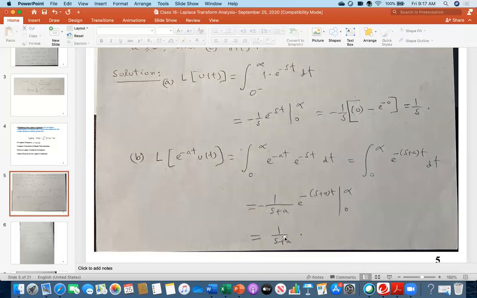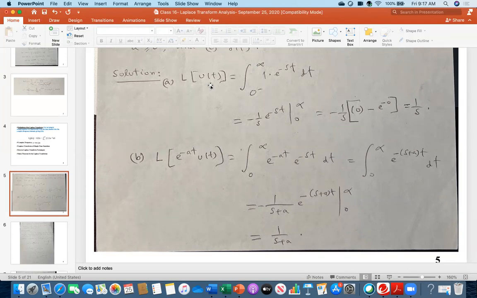Why am I showing this? The goal is that when we will be solving circuit problems, frequently you will get this type of function, or just u(t), as the input to the circuit. In the last class I told you, to apply the Laplace transform technique to a circuit problem, the very first task is to convert the time domain circuit into the Laplace domain.